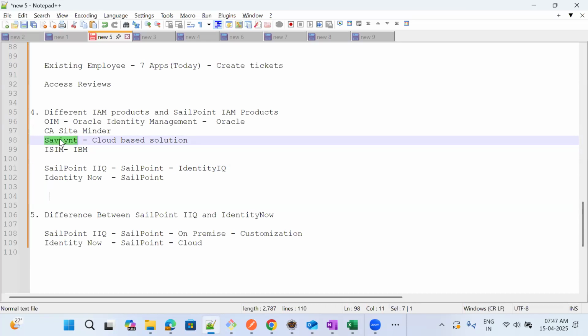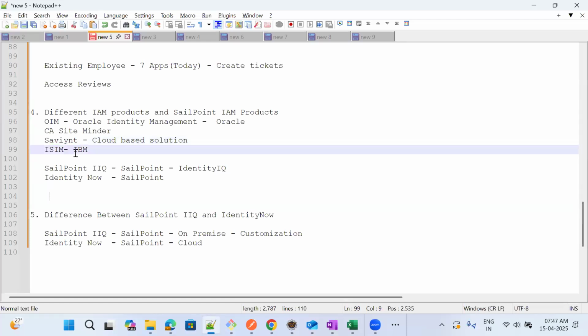The company name itself is Saviynt, and the solution offered by them is also called Saviynt. This Saviynt is a completely cloud-based solution. And remember, this is one of the major competitors for SailPoint. We have something called Gartner's Quadrant. They list down all the IAM tools that are available in the market, and they give a ranking.